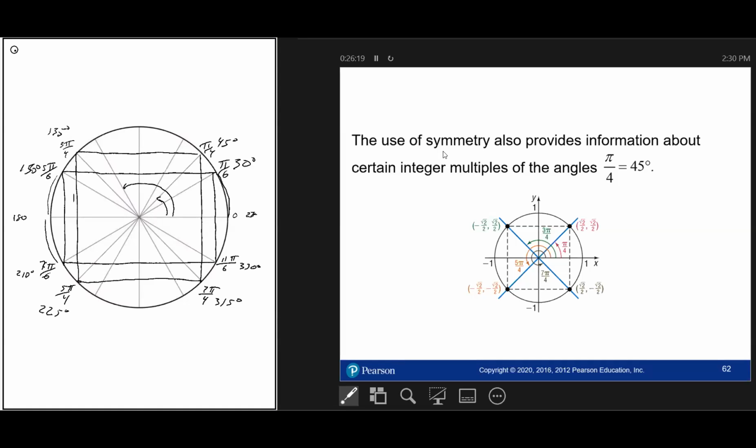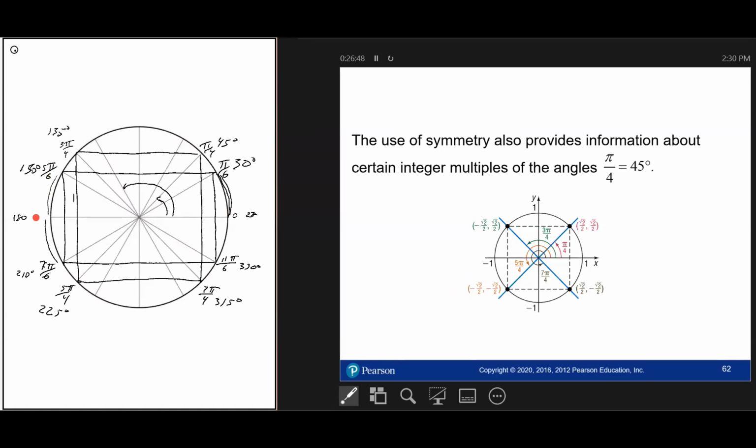Okay. And so that was this page, and they talk about finding these angles over here. Sir, within the 30-degree angles, is there a pattern like the one for the 45-degree angle? Yeah. This is 0 plus pi over 6.